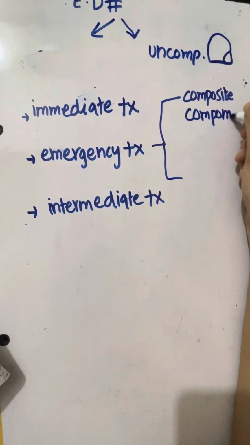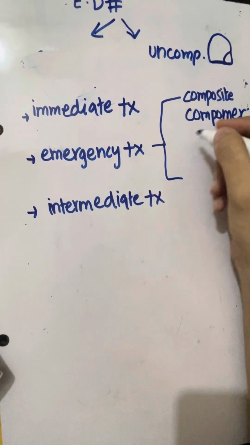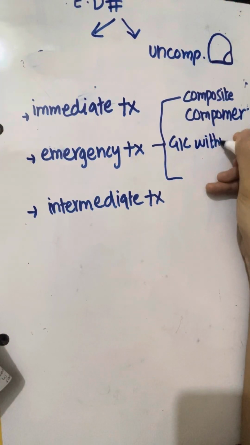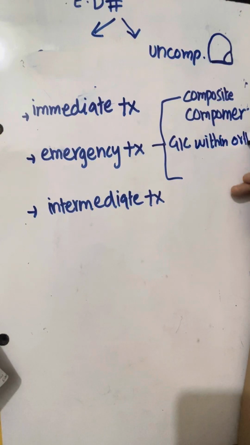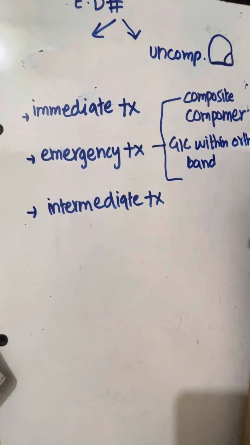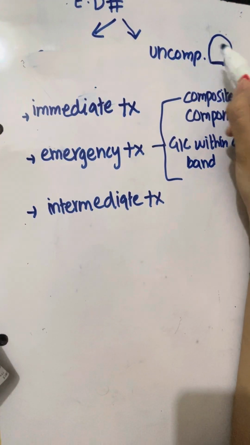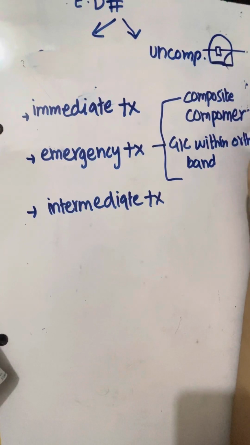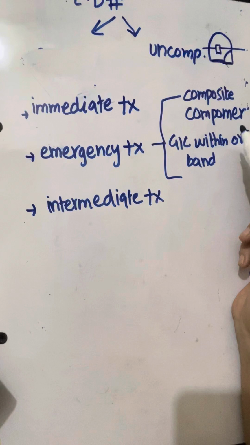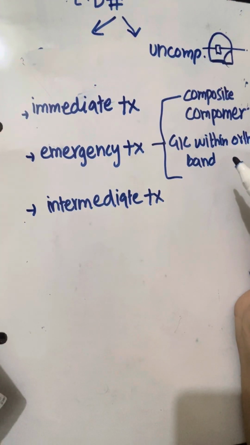Then the second option is to put GIC along with an orthodontic band.